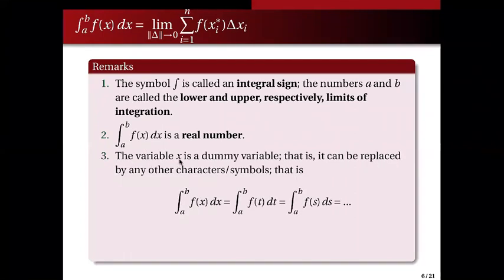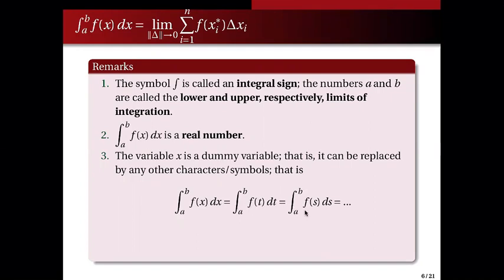The variable x is a dummy variable. This x that you see here is a dummy variable, meaning you can replace it with other letters. For example, the integral of f of x dx from a to b is the same as the integral of f of t dt from a to b. I just replaced x with t.